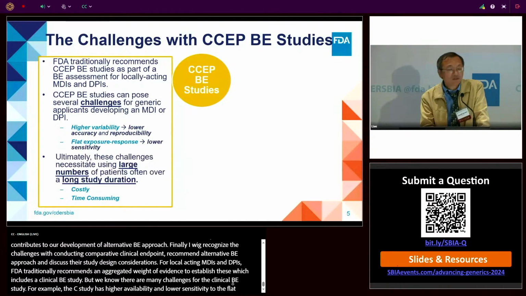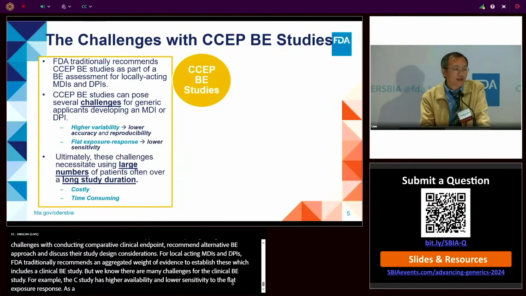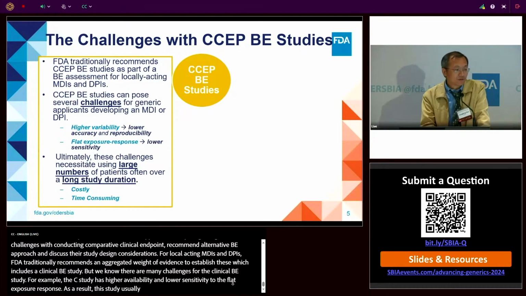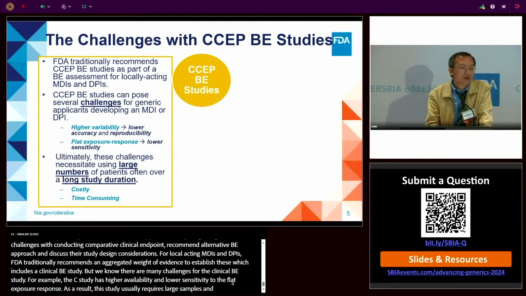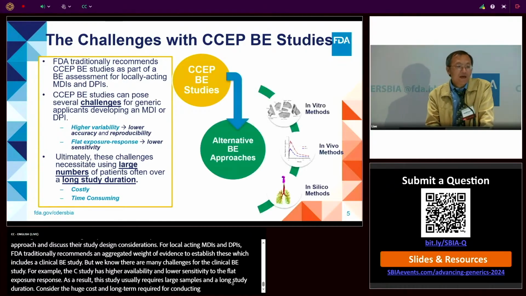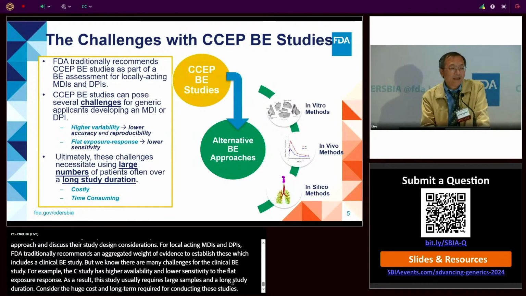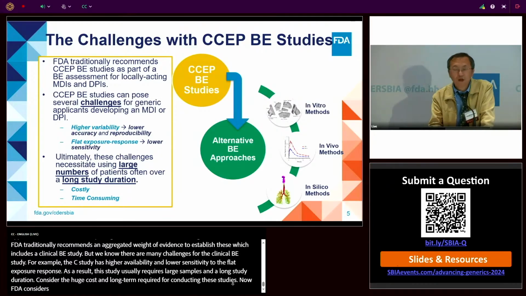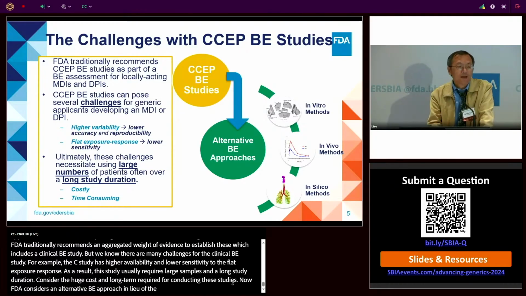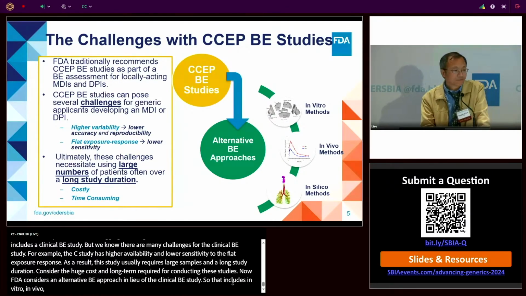As a result, these studies usually require larger samples and a long study duration. Consider the huge cost and the long time required for conducting these studies. Now FDA considers an alternative BE approach in lieu of the clinical BE study that includes in vitro, in vivo, and in silico methods.